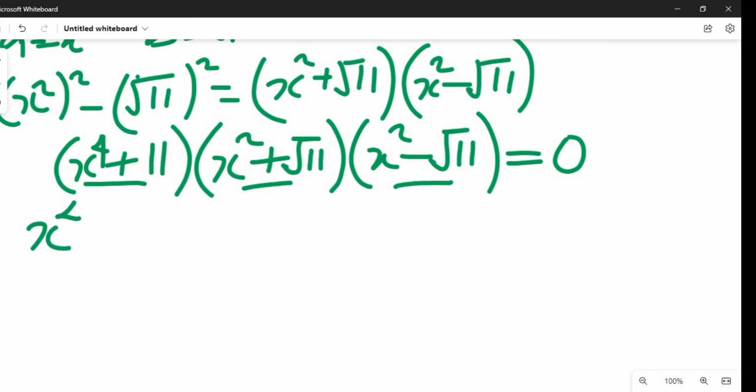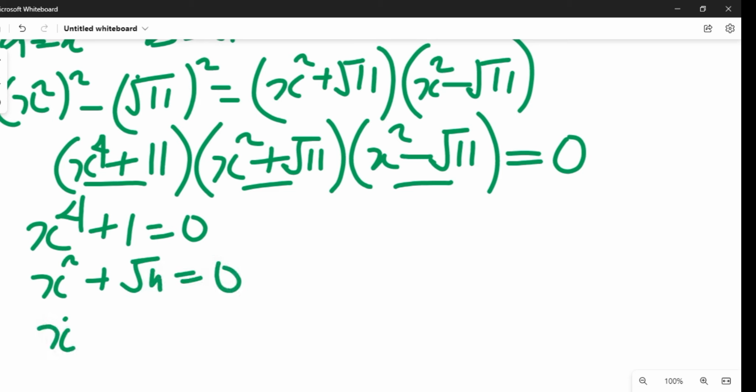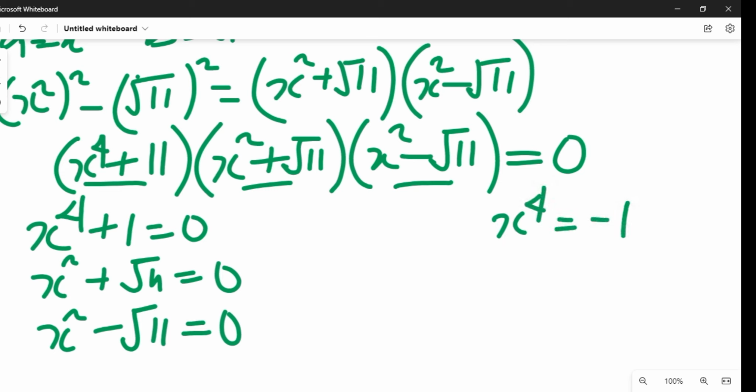We'll have our x raised to power 4 plus 11 equal to 0. We'll have our x squared plus square root of 11 equal to 0. And we'll have our x squared minus square root of 11 to be equal to 0. Now, if you simplify this, we'll have our x raised to power 4 to be equal to minus 11.